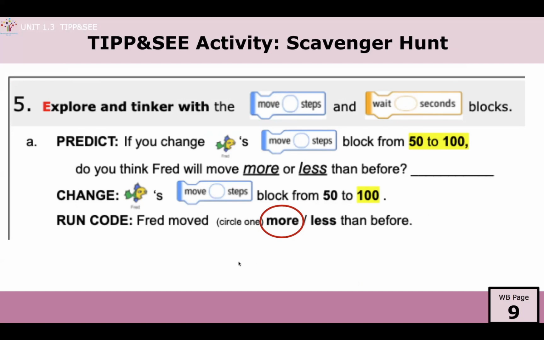And for question 5, the Explore. Did you predict that if you made a change from 50 to 100 in the move steps block, that Fred would move more or less than before? Fred moved more.